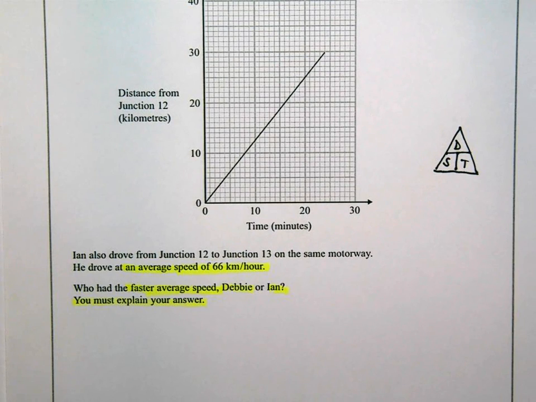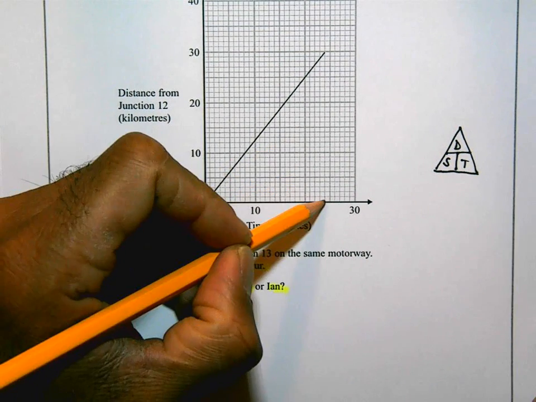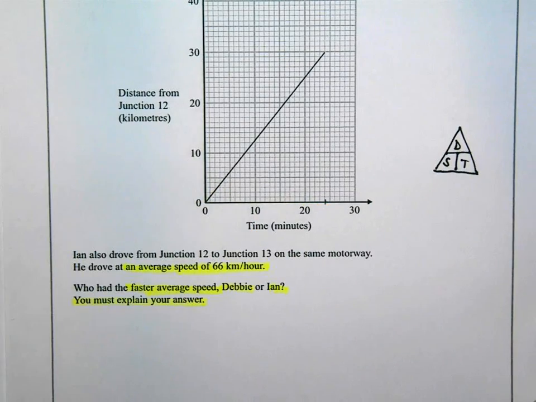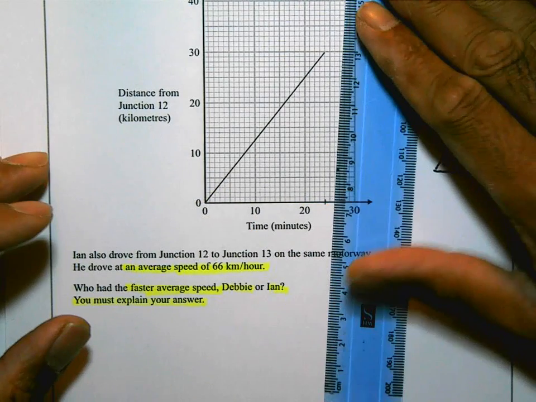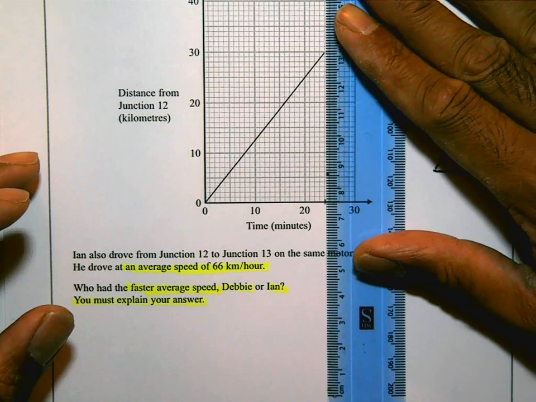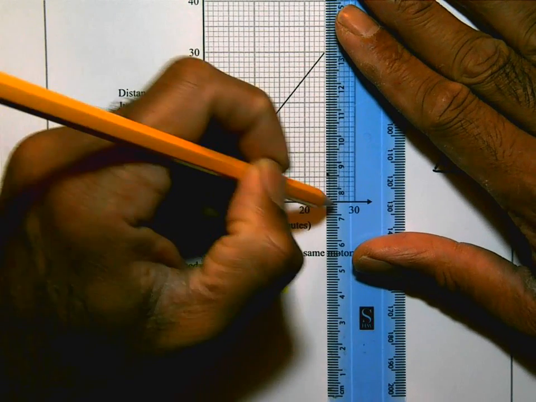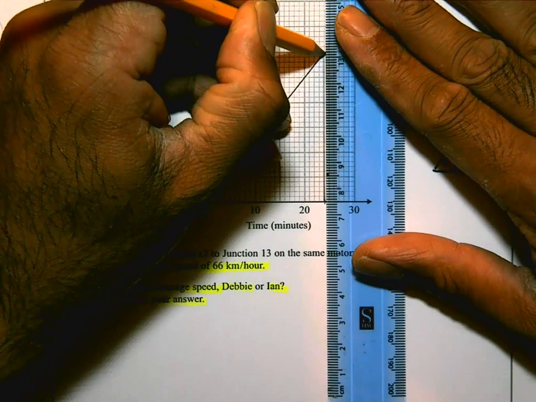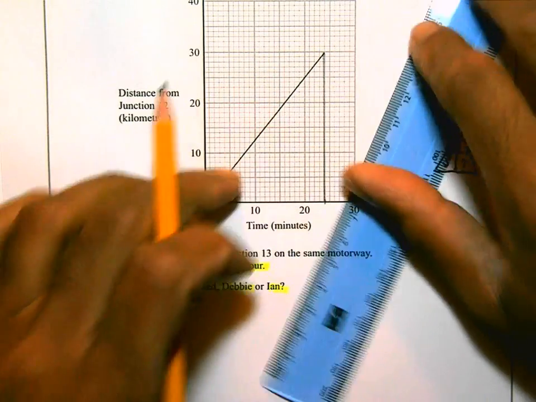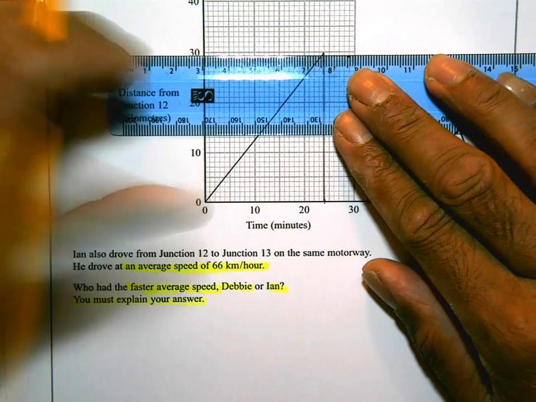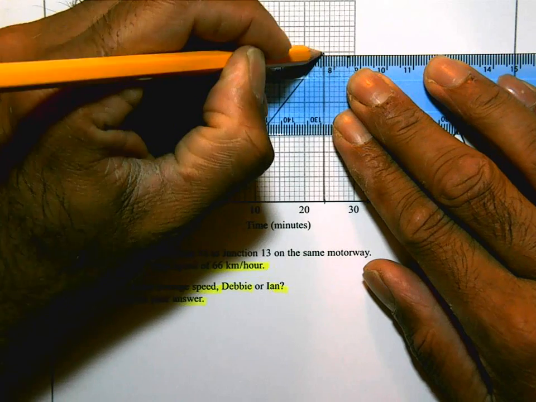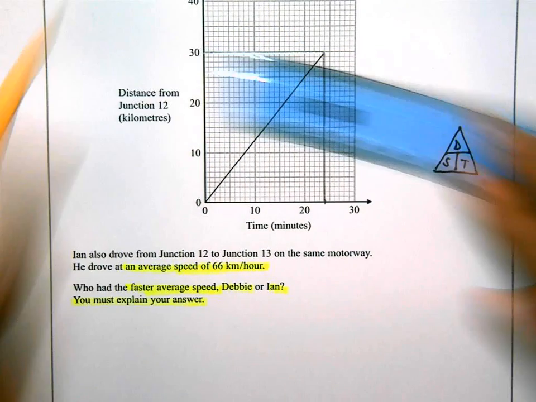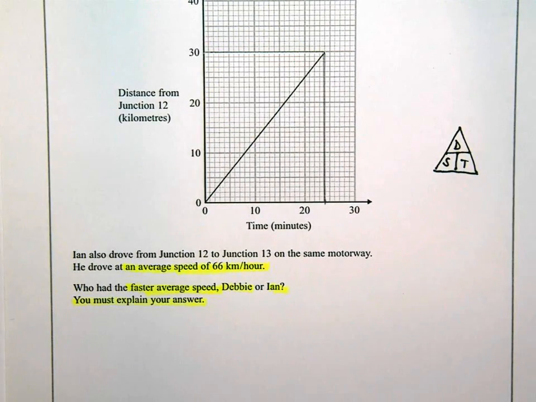I need to use the graph, and thinking about how I could use it, from what the graph shows me, I can tell that it goes up to that point there, her journey, and she took 24 minutes to travel 30 kilometers, right? Now just reading this down, I'm going to write it down because I should be able to pick up some marks for just stating that fact.